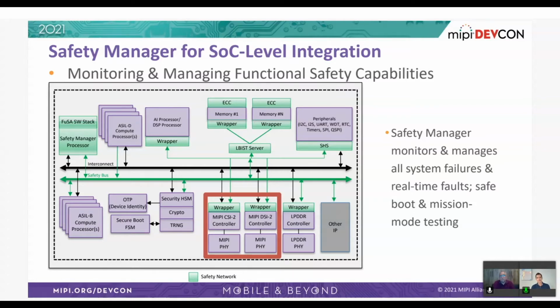This is an industry technique, very common, which is to have a dedicated entity, a safety manager processor with its own stack that ultimately is offloading everything related to safety from the other processors that are actually running the application. So this entity will basically manage and monitor everything related to functional safety, will manage the system failures, the real-time faults, and also takes care of things like safe boot, vision mode testing, and even logic BIST.